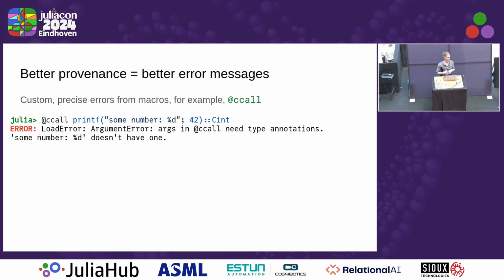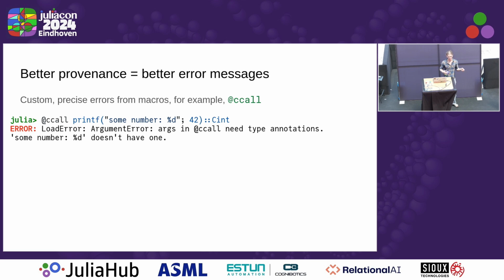OK, so another example of this kind of thing. The previous one's an example of a built-in compiler pass that you can think of user macros as custom lowering passes that happen before the rest of lowering. So I've implemented ccall in the new lowering with the new data structures, and just to give an example here.